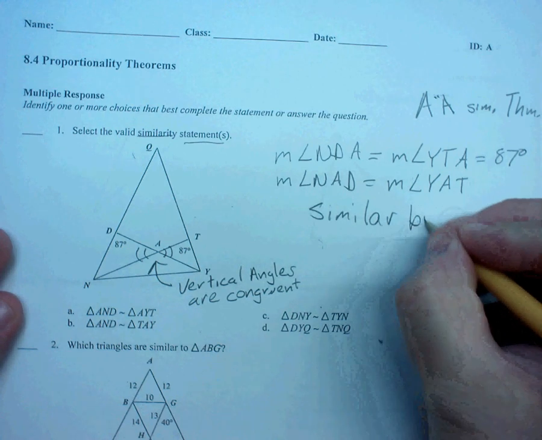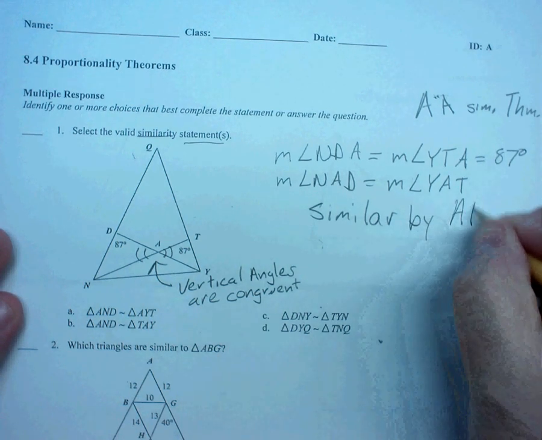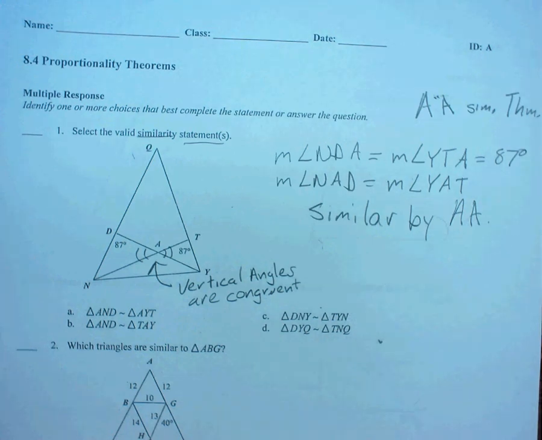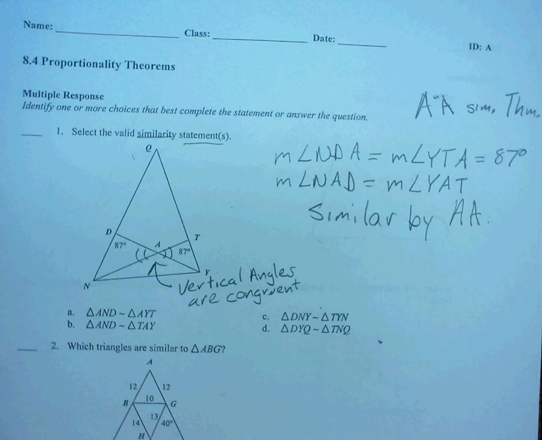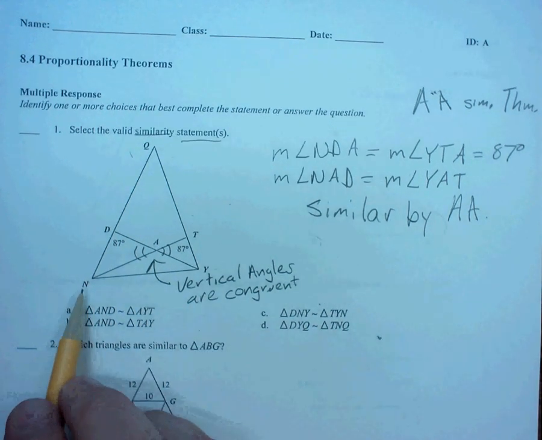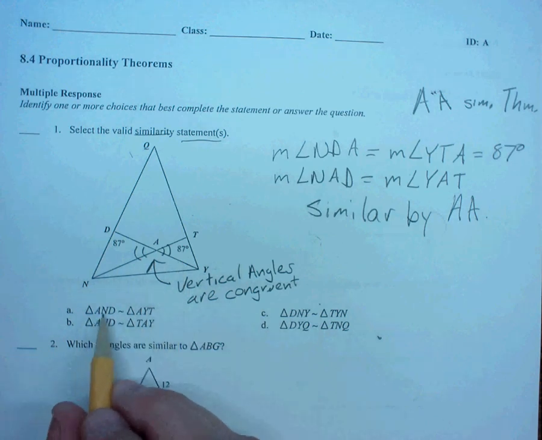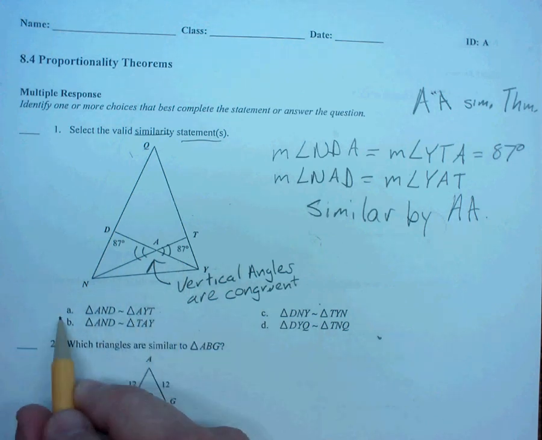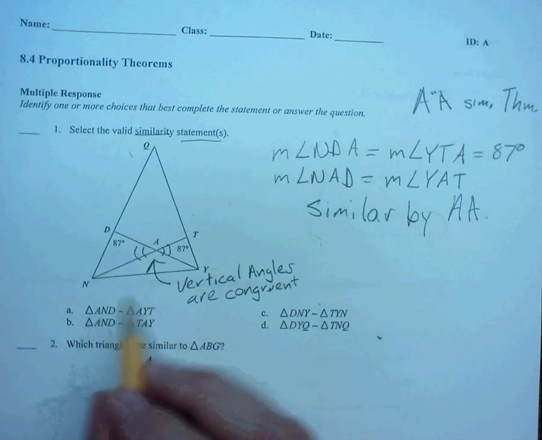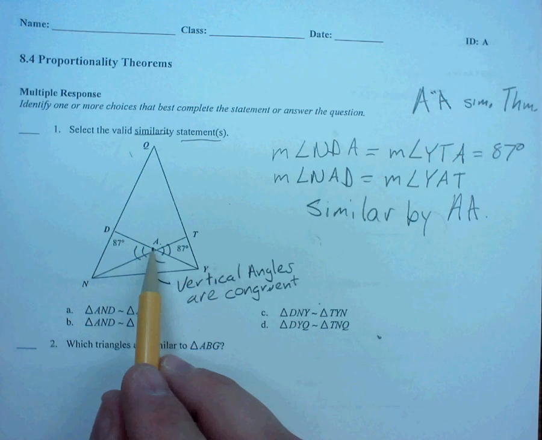Similar by angle-angle postulate or theorem. So now that I've proven which pair of angles are similar, it's NAD, ANDAYT.